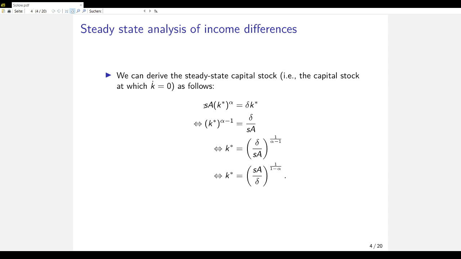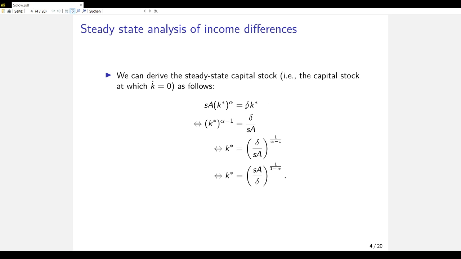From the equation on the previous slide, we know that this is the case exactly when gross investment, the left-hand side here, is equal to depreciation. The steady state we denote with an asterisk, so this is the steady-state capital stock. If the steady-state capital stock fulfills this equation, then capital does not accumulate anymore. The time derivative of the capital stock is equal to 0.